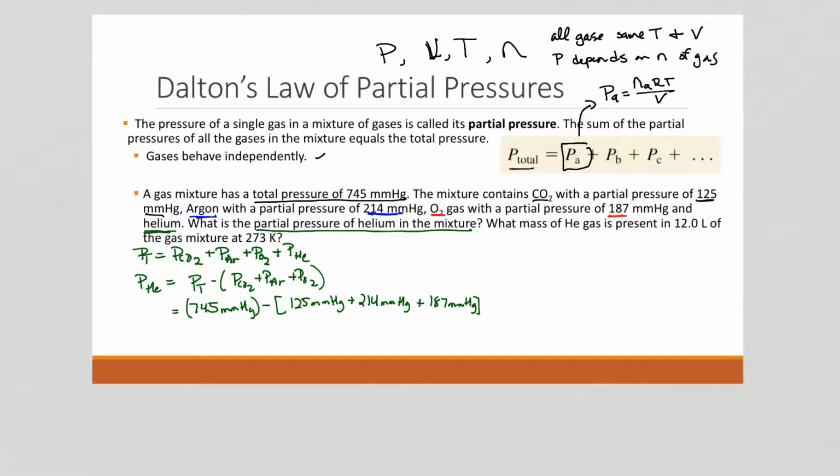So if I add all these up, I get 523 millimeters of mercury.